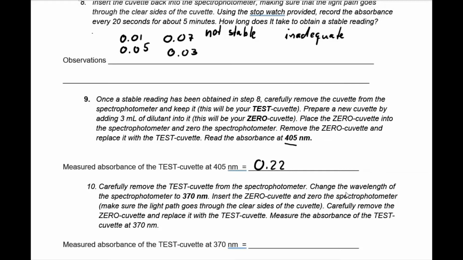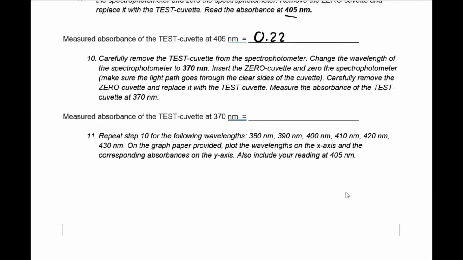So you've been asked to do a few measurements here of different wavelengths, and what you should have seen ideally, if we plot here the absorbance versus the various wavelengths here, and I abbreviate wavelength with the Greek letter lambda for that.